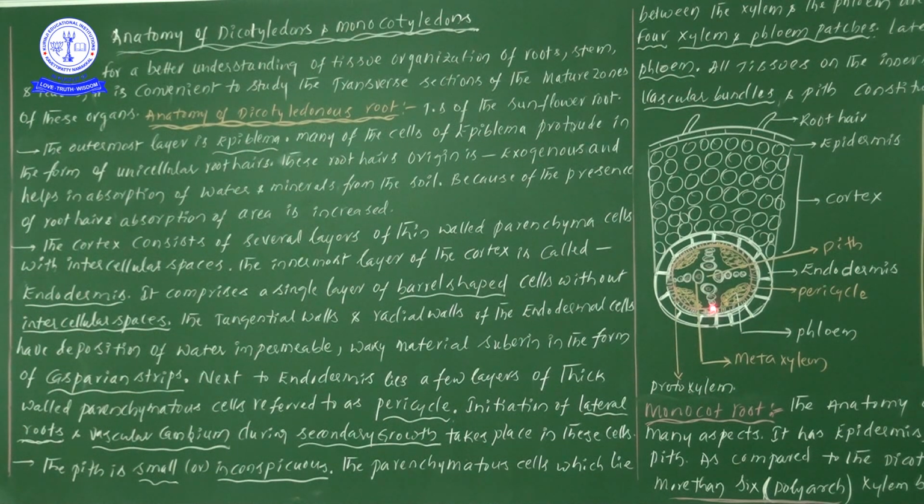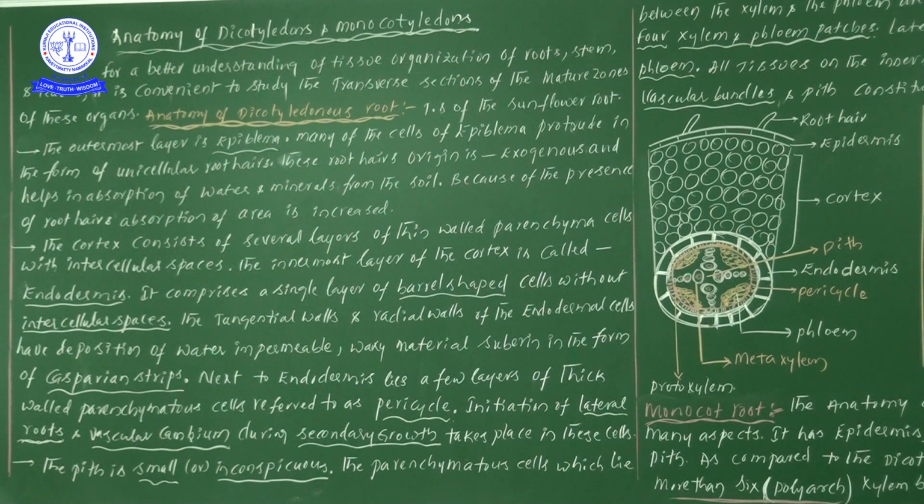Exactly beside the protoxylem, in the endodermis region, we can see specialized cells known as passage cells, present nearby the protoxylem, here and here and here.